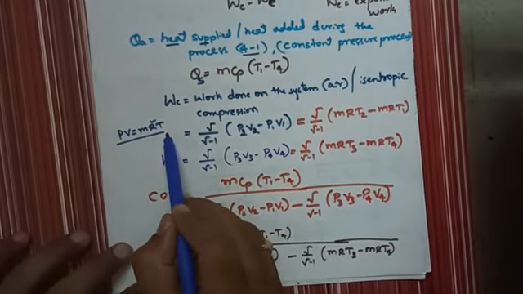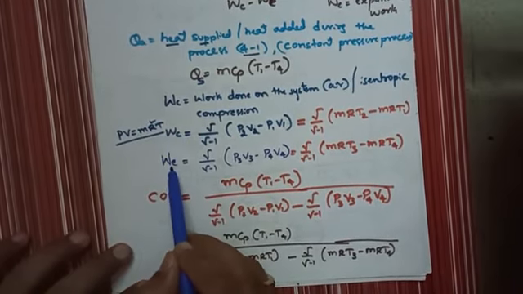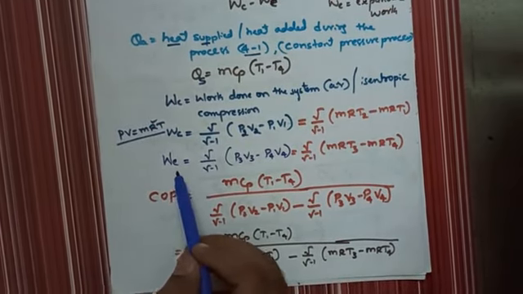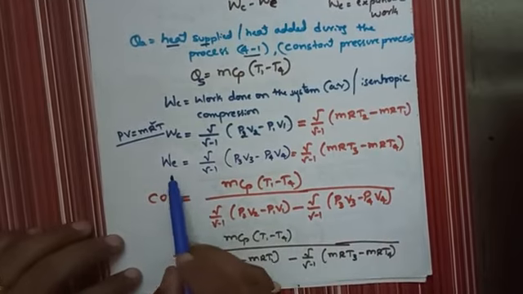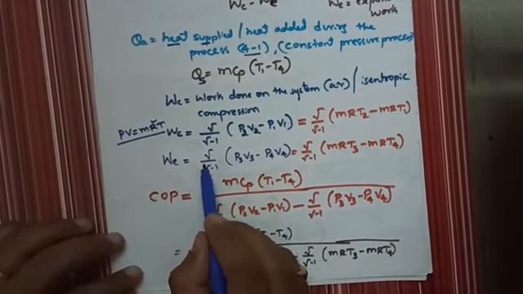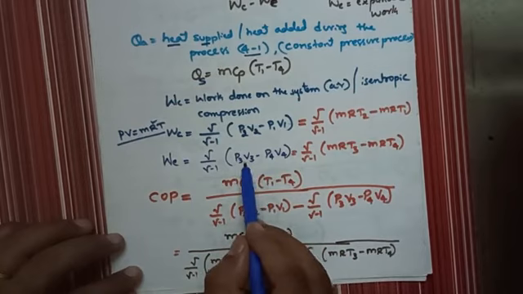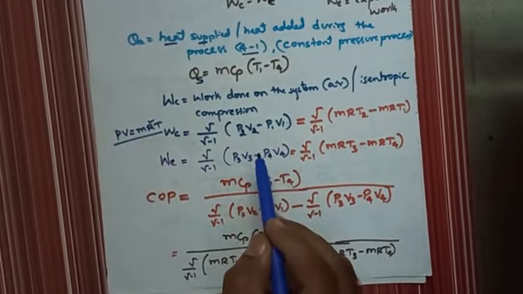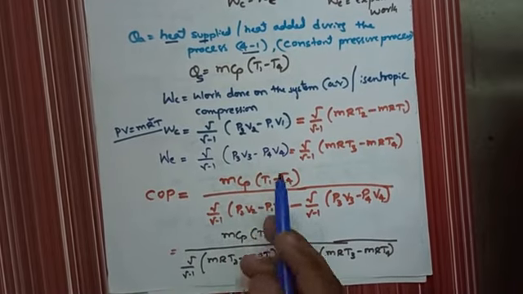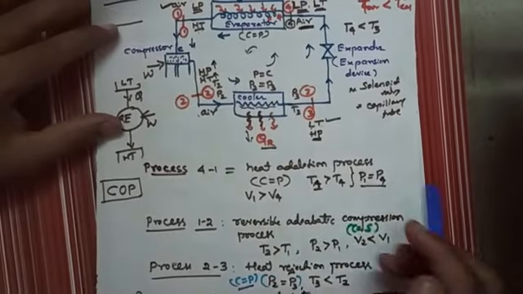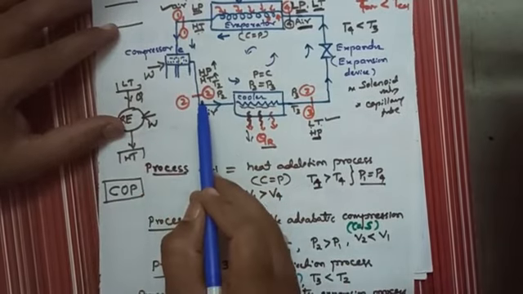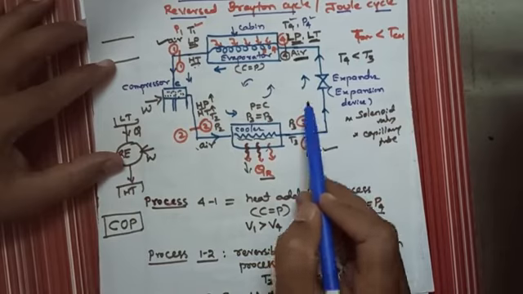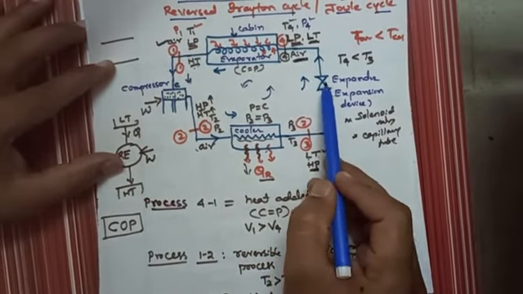I will write the same expression for the expansion device, the expander. It may be a solenoid valve, it may be a capillary tube, whatever, depending upon the cycle. So We is equal to the same expression, but during 3 to 4. Here 1 to 2 is compression, that is adiabatic compression, and 3 to 4 is expansion.